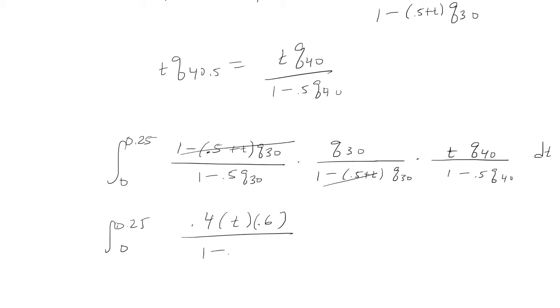So we have 1 minus 0.5 q30, and then I'm going to multiply that by 1 minus 0.5 q40, which q40 is 0.6.